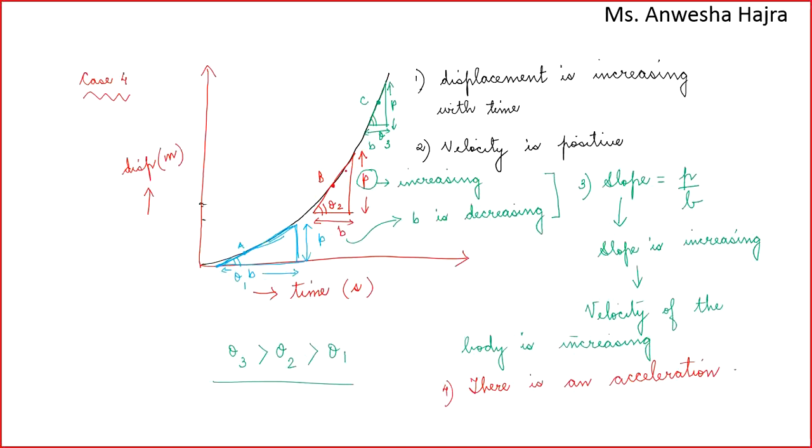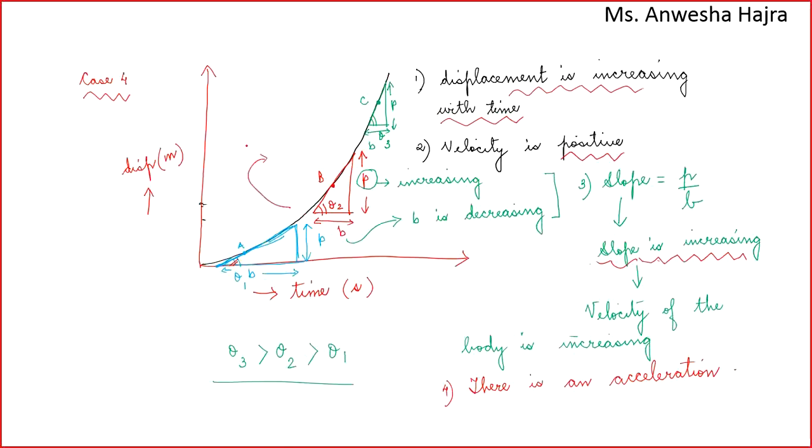So if you have a graph like this, you can say displacement is increasing with time, velocity is positive, slope is increasing, because you can see that the angle is increasing. This angle is least.